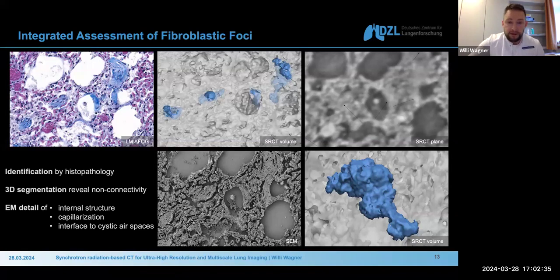Now, synchrotron imaging gives us the opportunity to study them in 3 dimensions, to look at their clustering, at their structure, whether they're interconnected or not. We found out there's no interconnection, and that they are usually laid down in a pearl necklace-like structure.